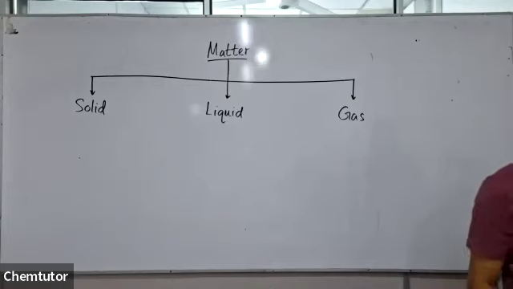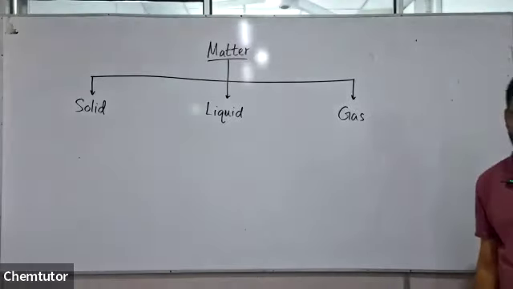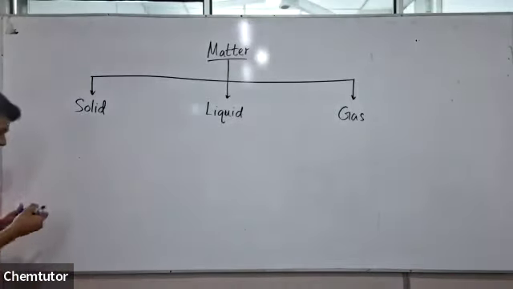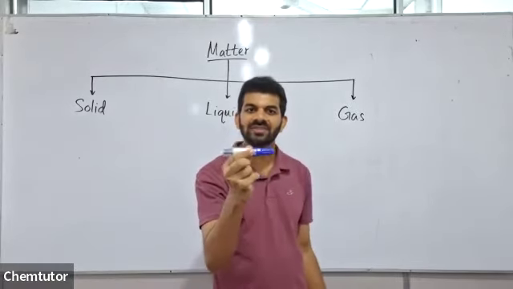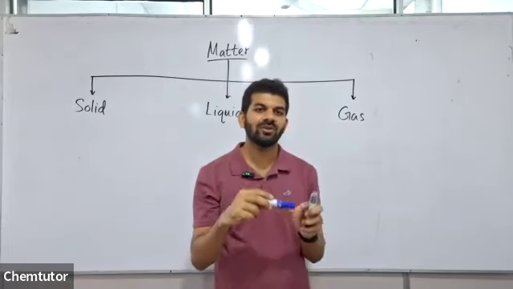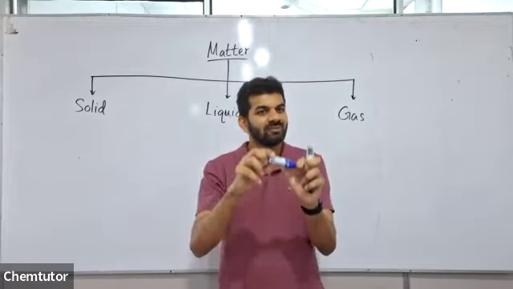Right. So if we talk about the properties of them, solids have a fixed shape and a fixed volume. For example, this marker pen is a solid, so it has a fixed shape. If we are going to change the shape, it will break.